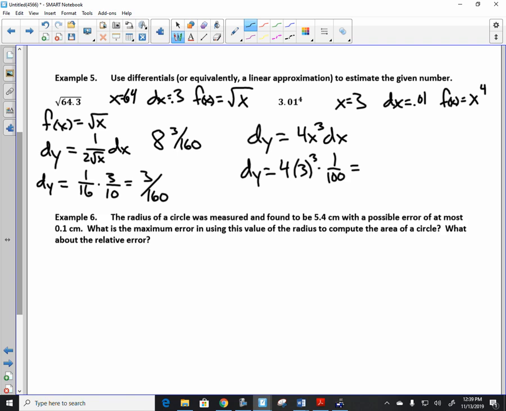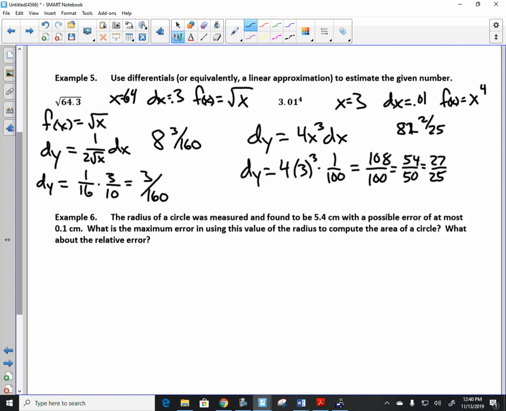What is 3 cubed? 27 times 4, 108 over 100. 108 over 100. Or 54 over 50. Or 27 over 25. Right? So it'd be 81 plus that, or 82 and 2 over 25.